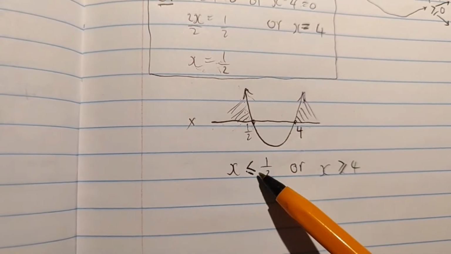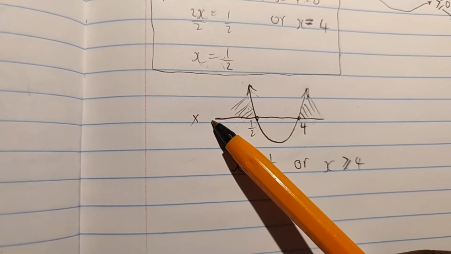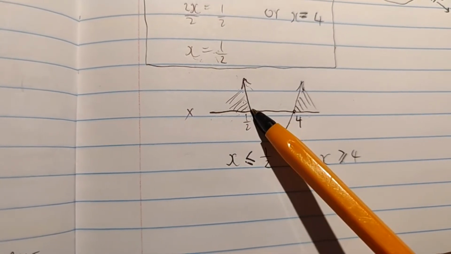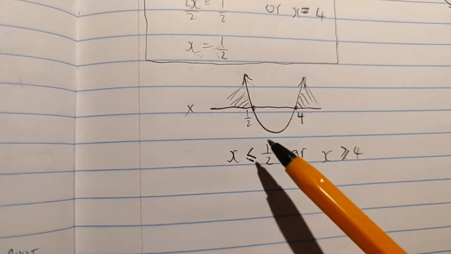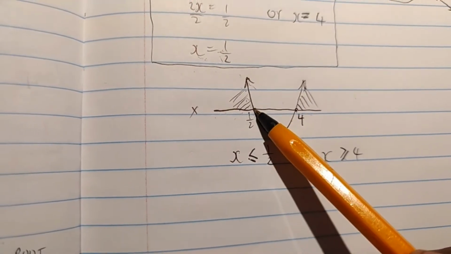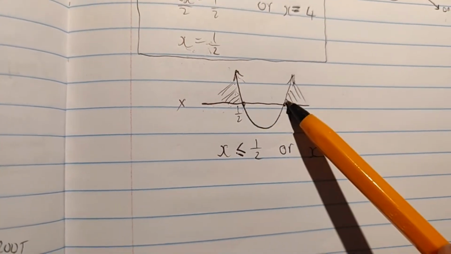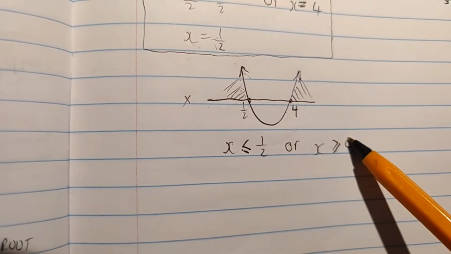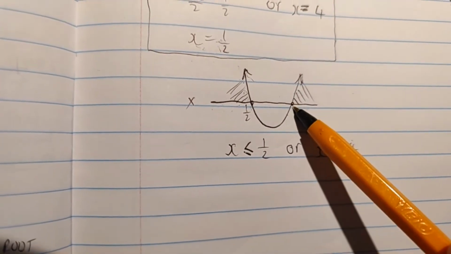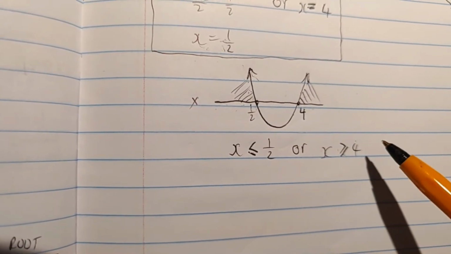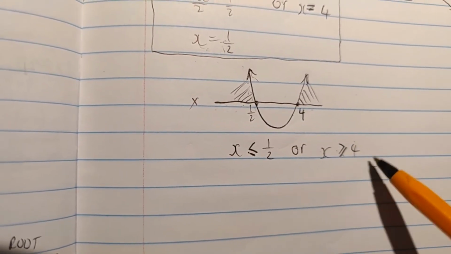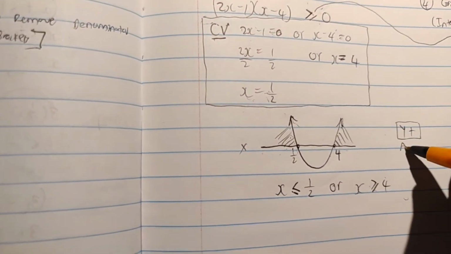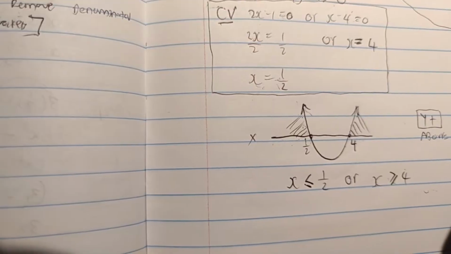X is less than half, these values on this side of half, and the equal sign means on the x-axis, equal to half as well. We include half. Or x is all these values this side, values that are greater than 4, and then on the x-axis we are exactly on the critical value. That is our answer for y being positive, above the x-axis.